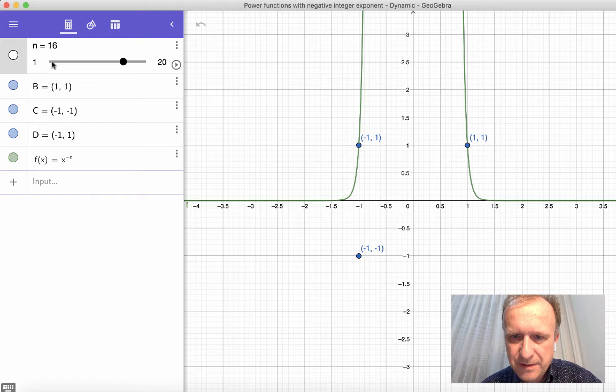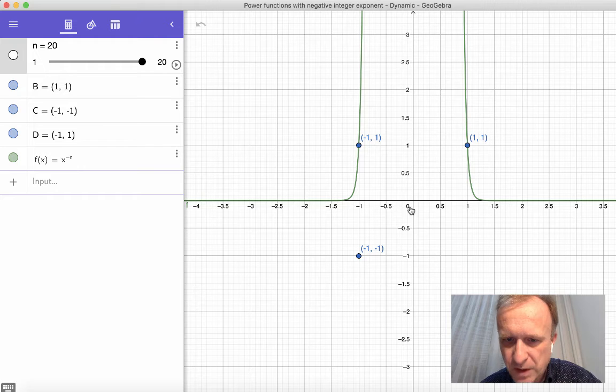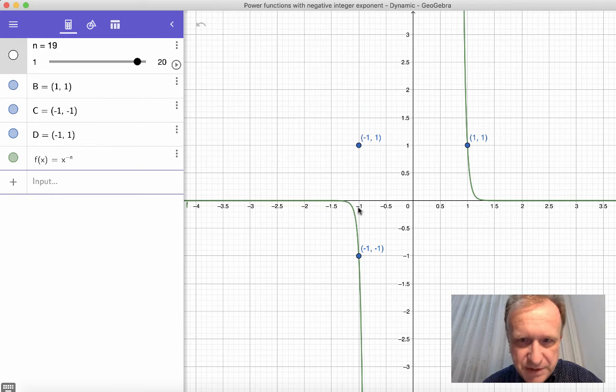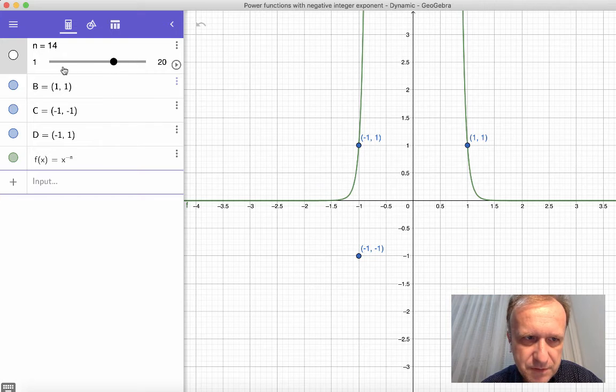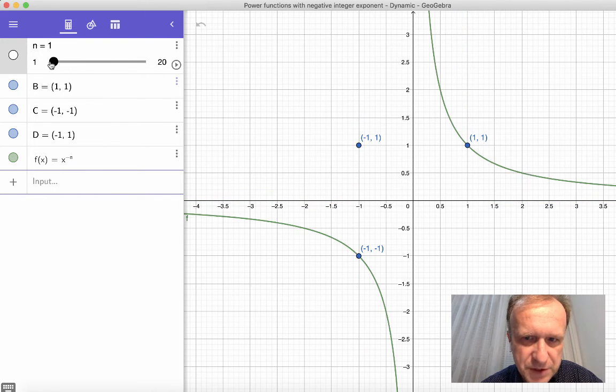You see that the graph tends to be steeper in the region between 0 and 1 and between -1 and 0, and tends to flatten in the region between 1 and infinity, and between -infinity and -1. Now let me move back to the original value. Okay, so I can use this way to change it.